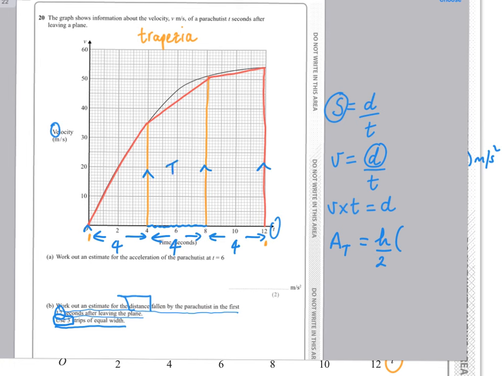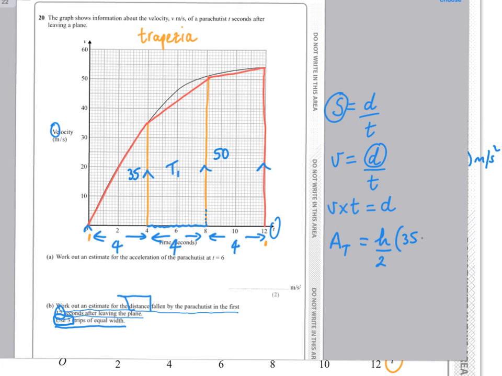So we call this T1, and then we can do the others quite simply. So let's look at this height here. Well, the height clearly seems to be from the graph 35. And the height of this one here seems to be 50. So we can put that in here.